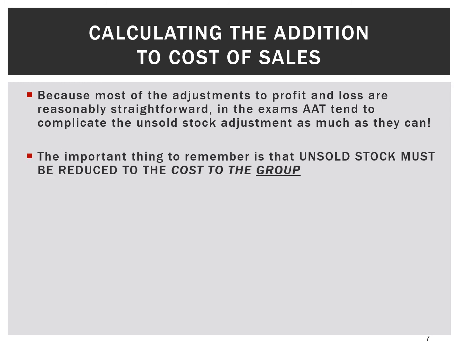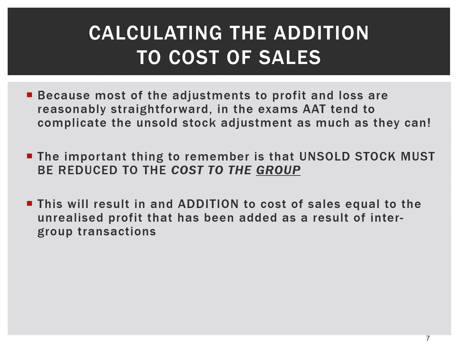The important thing to remember, as the slide says, is that we need to reduce the value of unsold stock to reflect the cost of those items to the group of companies, not the cost to the individual group company that's purchased them from within the group. It's the cost to the group that should be used as the value of that closing stock.